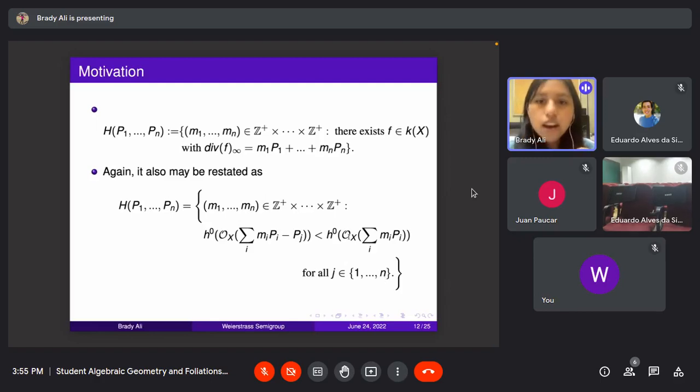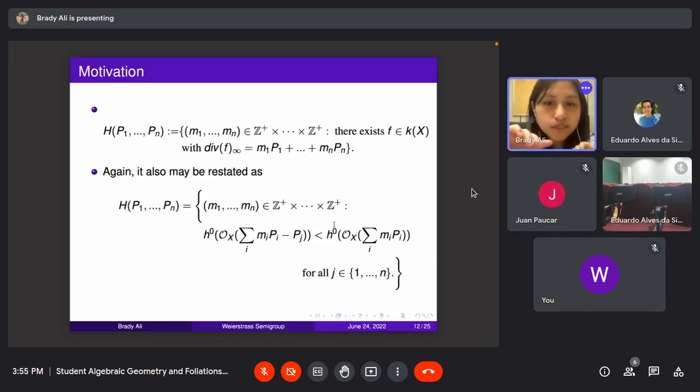As you can see here, I'm taking the point P_j, so I'm taking minus this point. Here I have the sum of all the points, and here I'm just taking out the point P_j.